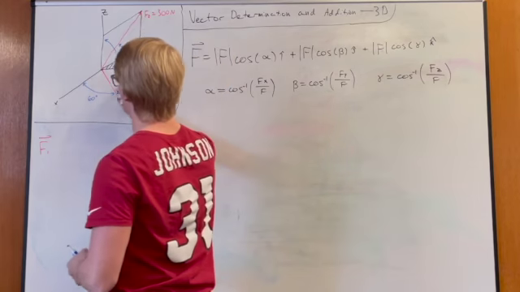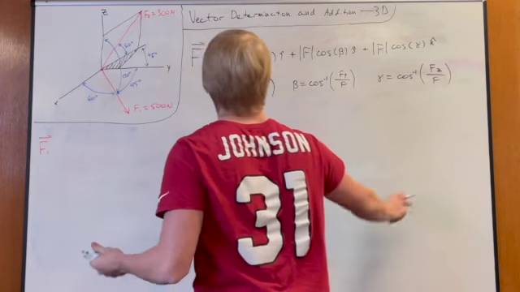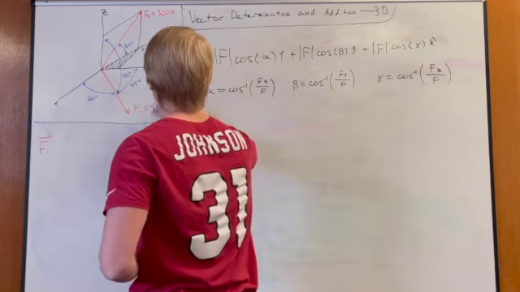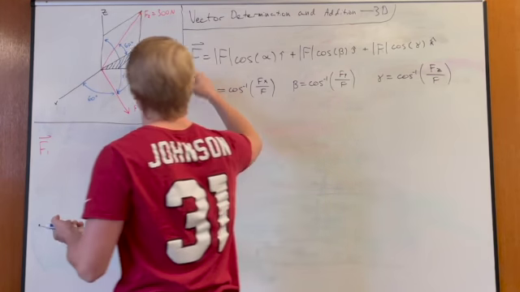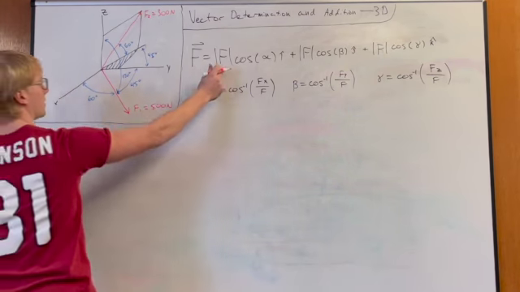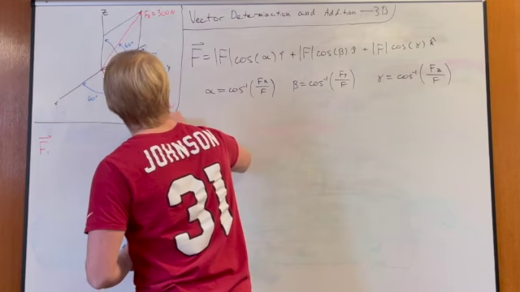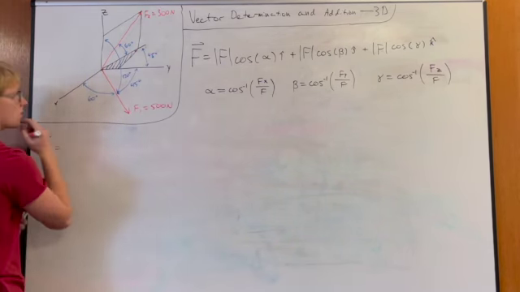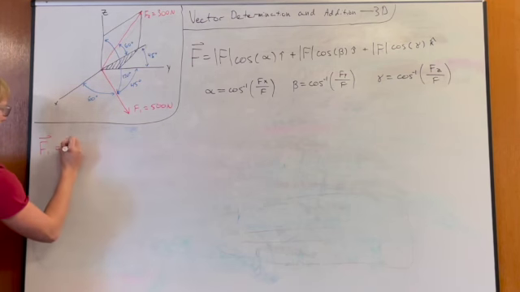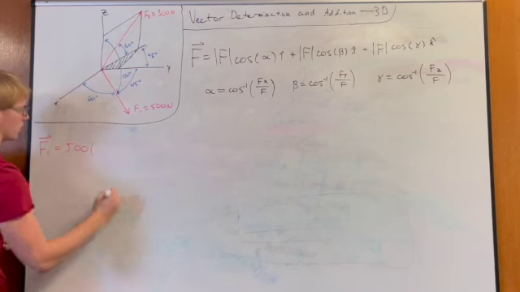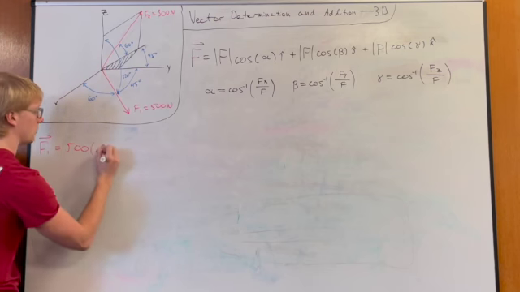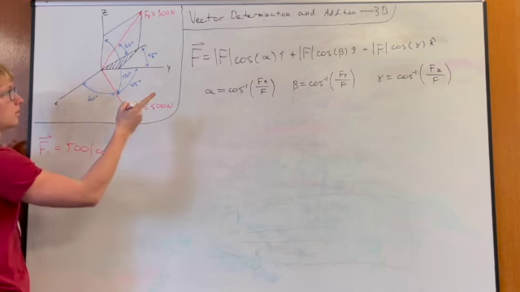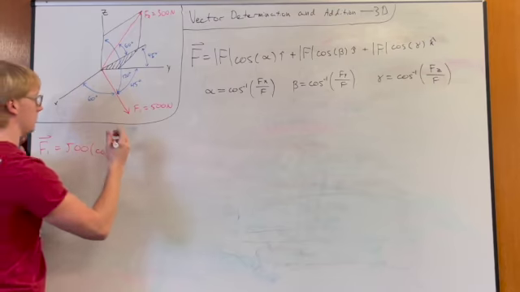So it gives us those three angles, so we can just plug them in and find what we need. And this F is the magnitude, which is 500. That also is given to us. So I'm going to factor that out so I can write it all. I'm going to copy this here.